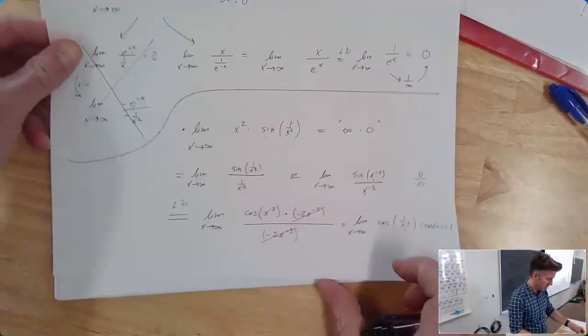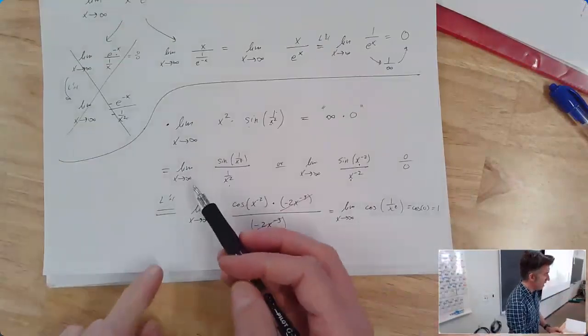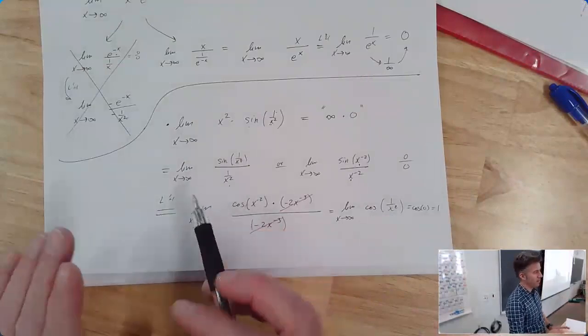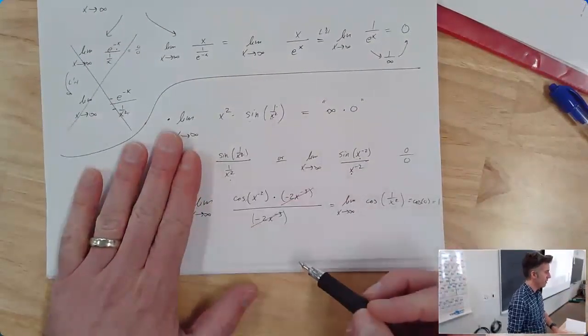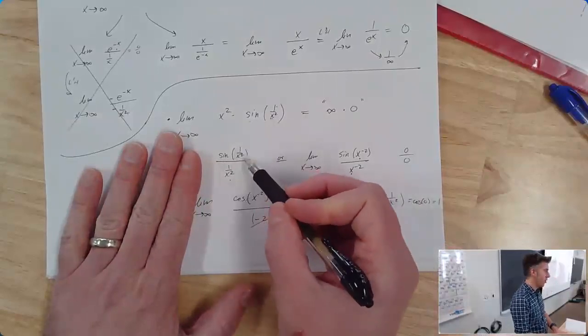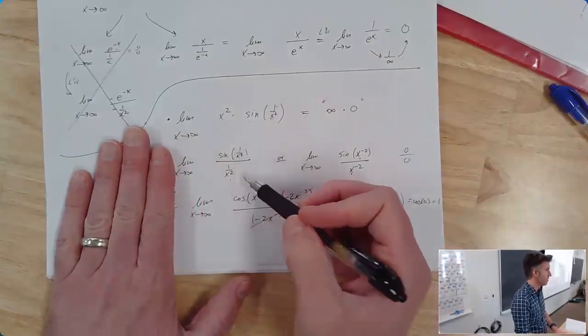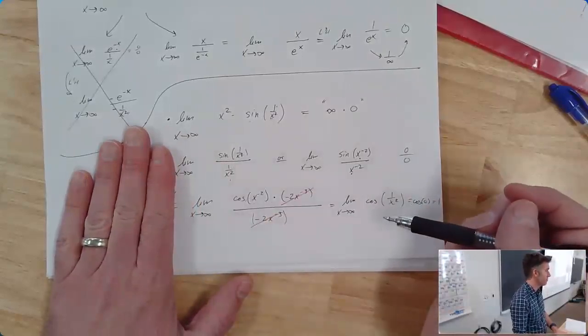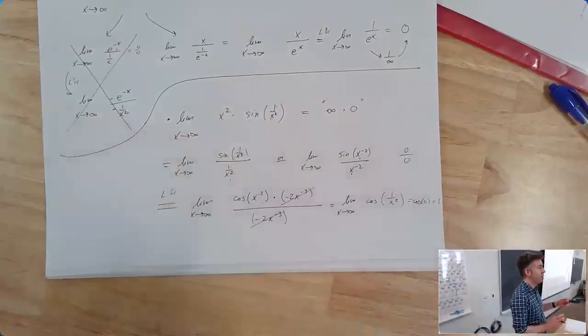So here's what you've got. This totally should be 1, and the reason is because I'm taking the limit of sine of some stuff over the same stuff. And where is that stuff going? As x approaches infinity, where is that stuff going? Right. And that's the whole thing we've said before.